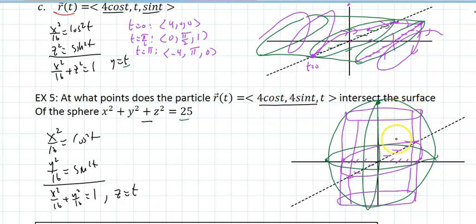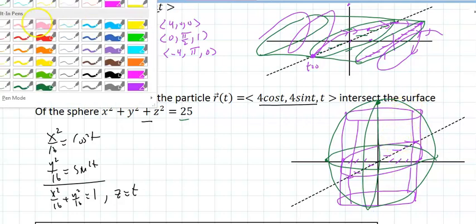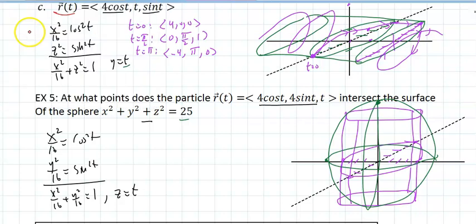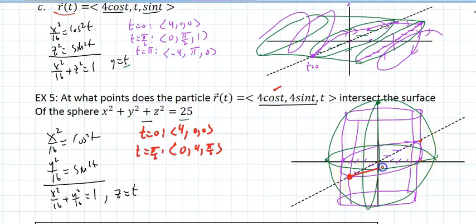As this path is running up, at t equals 0, for example, you are at (4, 0, 0). You're right here. You are along that, right? And at t equals pi over 2, you are at (0, 4, pi over 2). You're right here. So this is running.